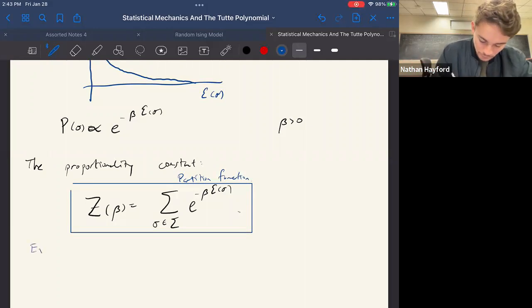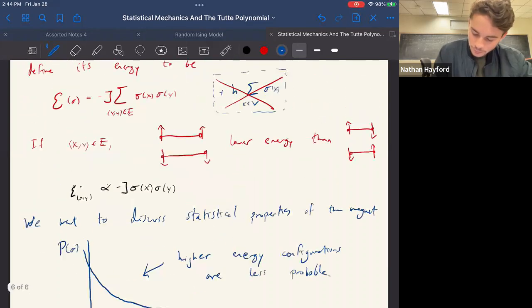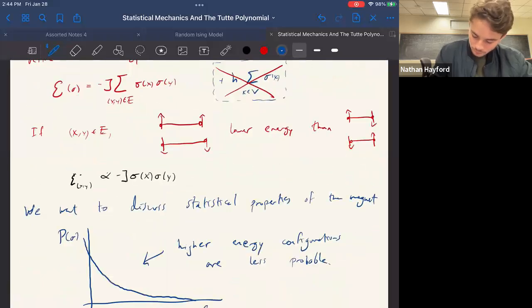So for example, the average energy of the magnet is computed as a derivative of Z of beta. The average magnetization, if I include an external field H, we actually get something non-trivial.